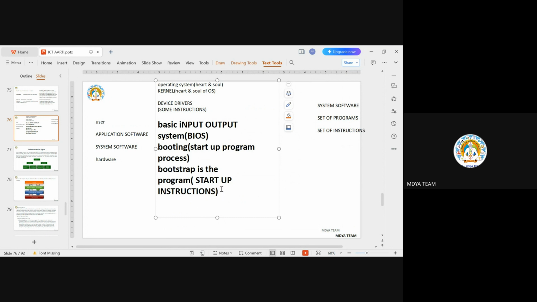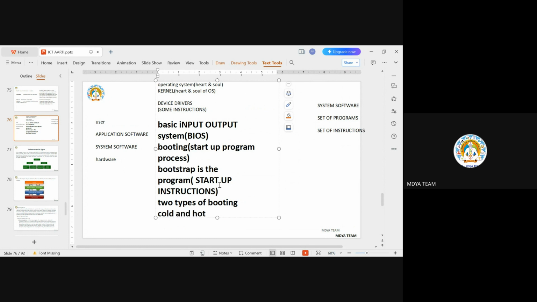Next, booting is also of two types. There are two types of booting: cold booting and hot booting. What does it mean?